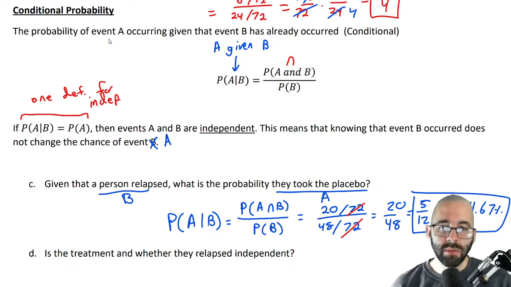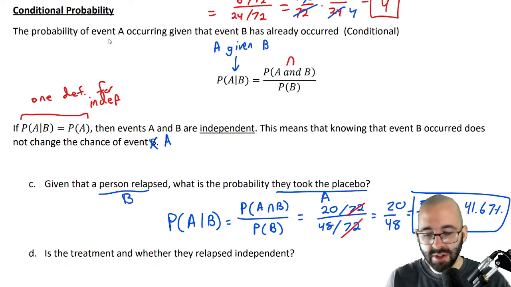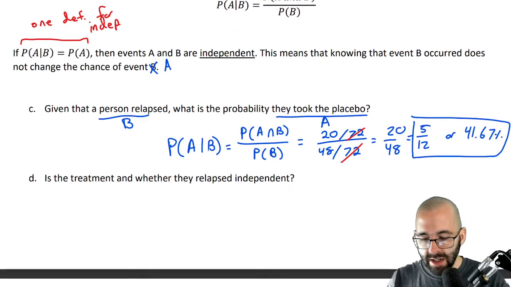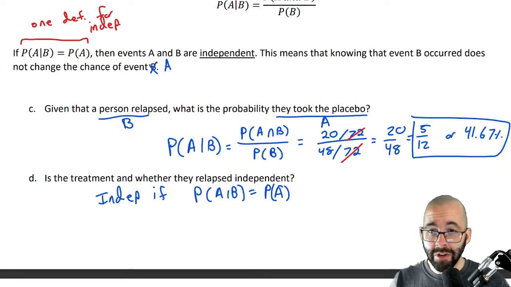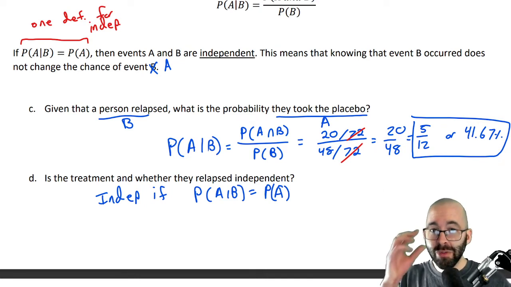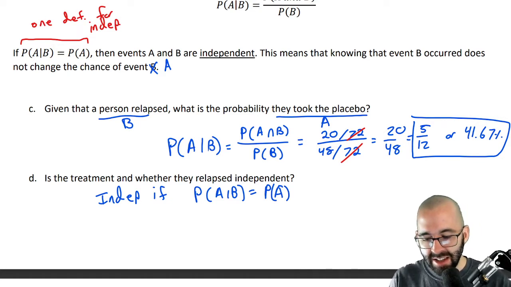So is the treatment and whether they relapsed independent? Let's check the definition. It's independent if the probability of A given B equals the probability of A. First off, I hope they're not independent. I hope there's some relationship between relapsing and getting treatment. Otherwise, this treatment is not working, right? So are these the same?